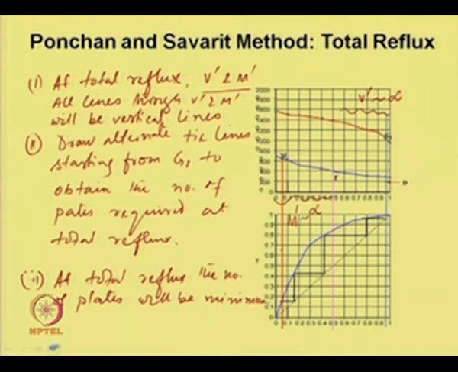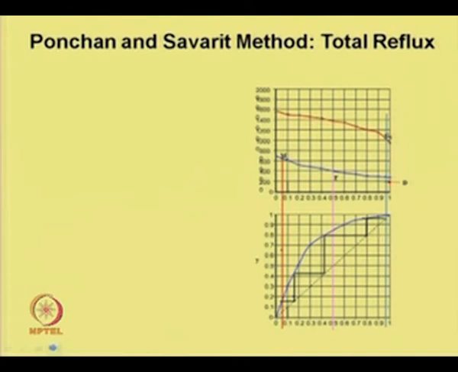Now, it will be easy if we use the XY diagram instead of the enthalpy concentration diagram. Like we have done before, we can draw the XY curve using the Hx and Hy data, which is plotted over here.